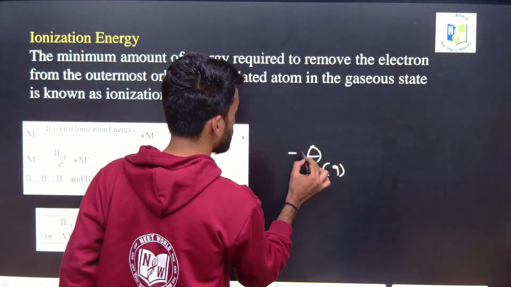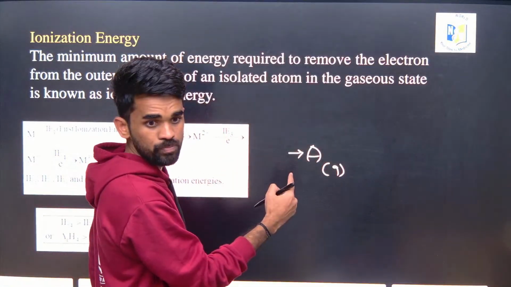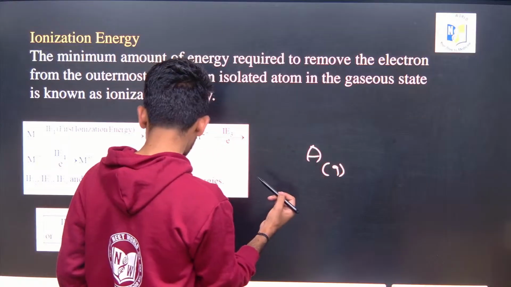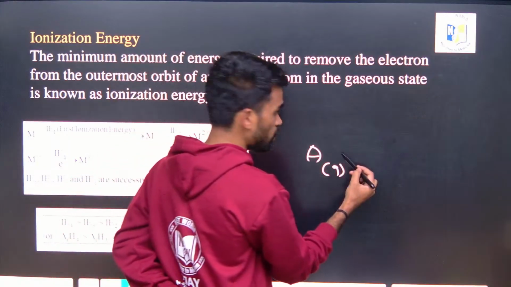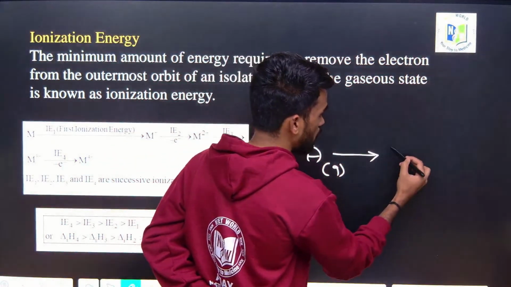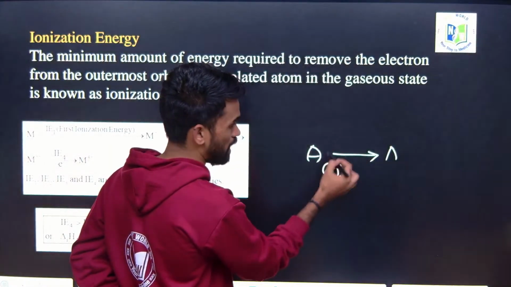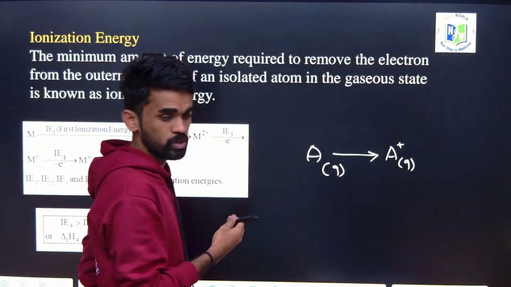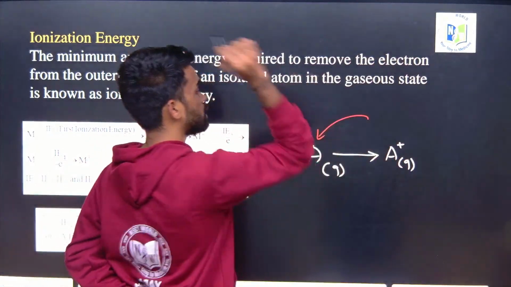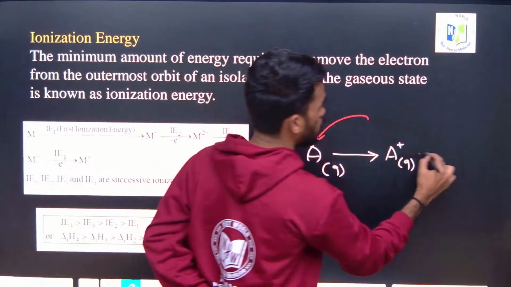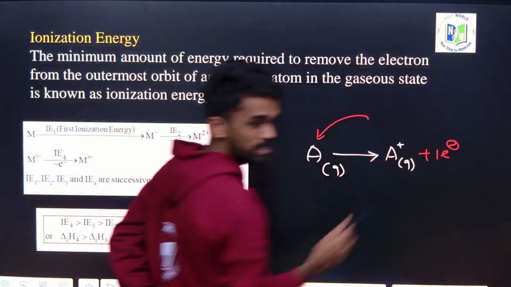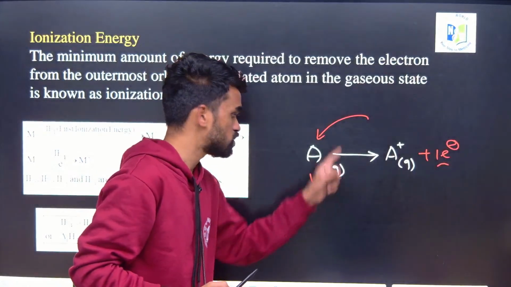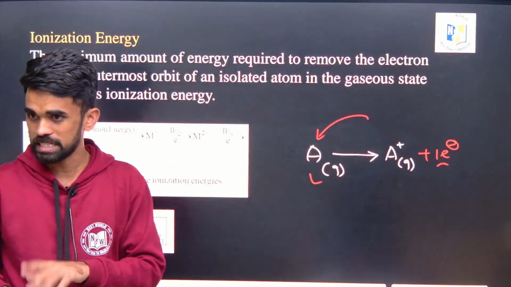If it is not in gaseous state, first convert it into gaseous state, then only you can consider it as ionization energy, okay. So from here you need to make it ionize. It means you need to remove an electron from here. It becomes a cation like this, a unipositive cation. The minimum amount of energy you use for picking out this one electron is called its ionization energy. This electron comes from the valency shell of this atom, okay. That is clear now?